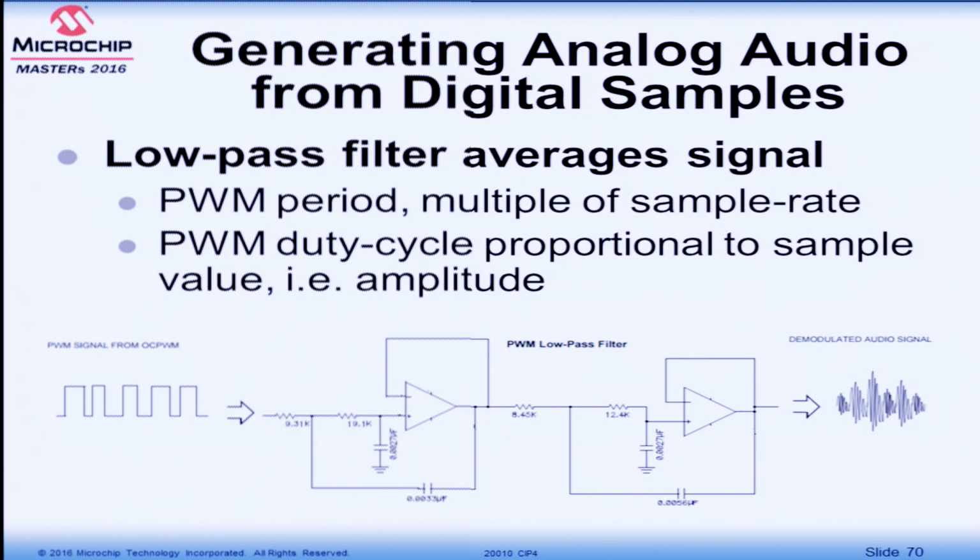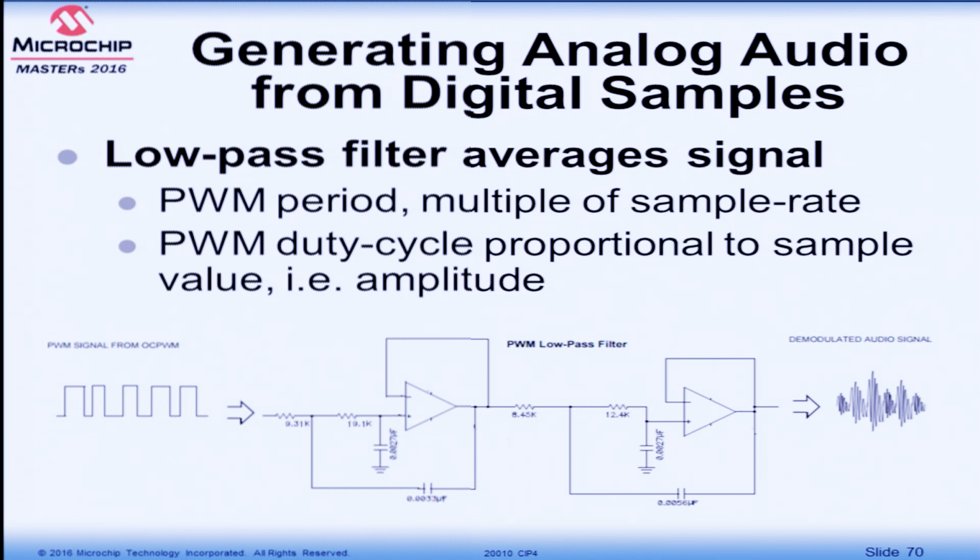So if you are sampling an audio signal at 8 kilohertz, the PWM period would need to be set up to be 8 kilohertz or some multiple thereof, like 16 or 32. And then the duty cycle during each period would be updated based on the sample value for that particular period. Duty cycle is in this case proportional to the analog signal level.